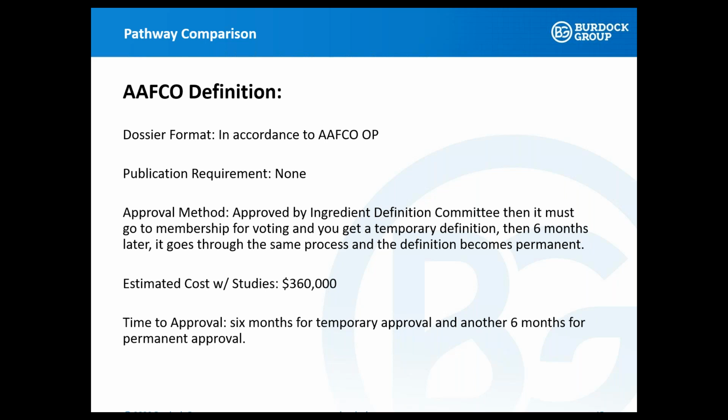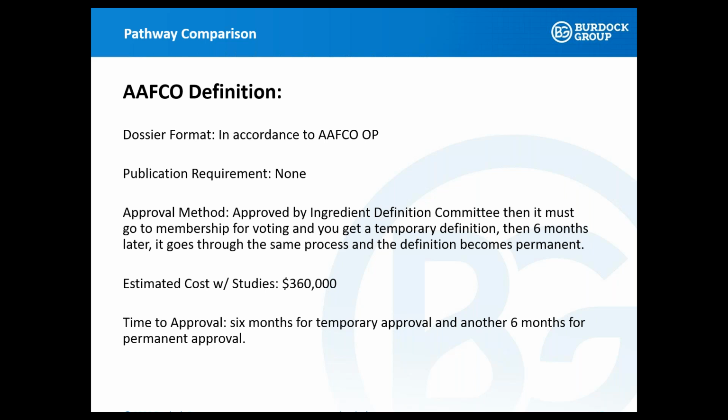Now, because CVM has insisted that AAFCO definitions, GRAS, and FAPs must have the same quality and quantity of safety data, we feel that it should be around $360,000, depending on studies if you have to do them. I think the figures I've been showing you would probably be a good reflection of a target animal study in poultry.